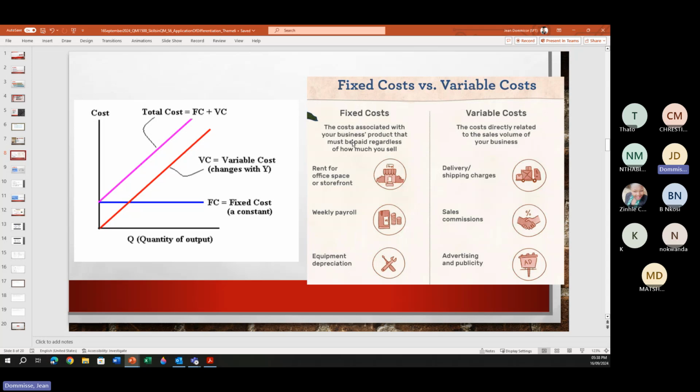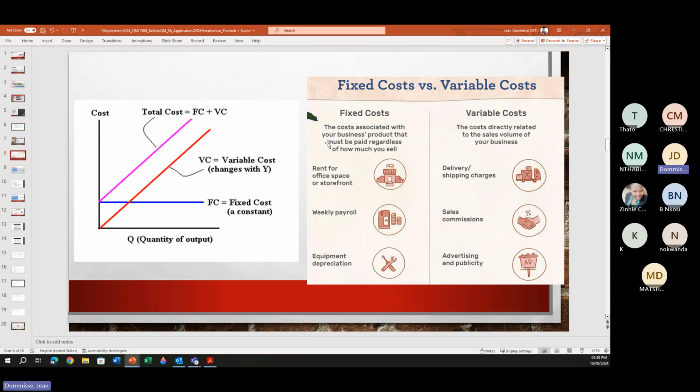Okay, so a fixed cost is nearly a cost that you know exactly how much you are going to pay, whereas a variable cost is changing because of how many things you are producing. So if you're producing more, the likelihood is that your electricity will go up, and you will likely need to pay more for the products to be shipped.